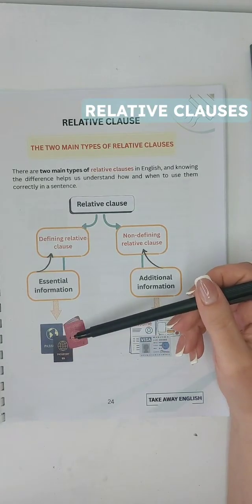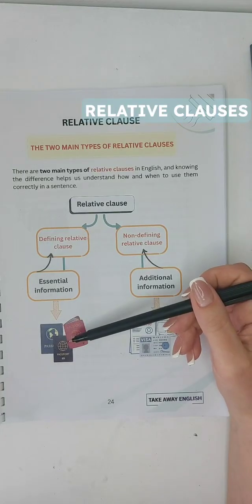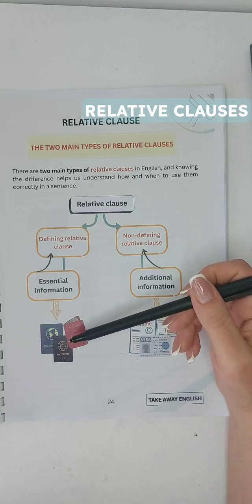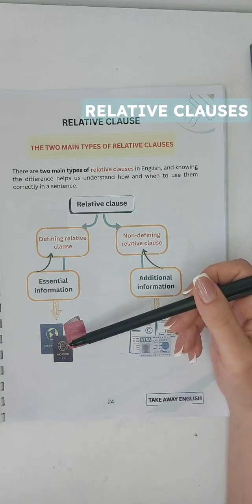Why? Because a defining relative clause gives essential information. Without this information, we cannot identify a person, thing, animal, place, time, the reason, etc.